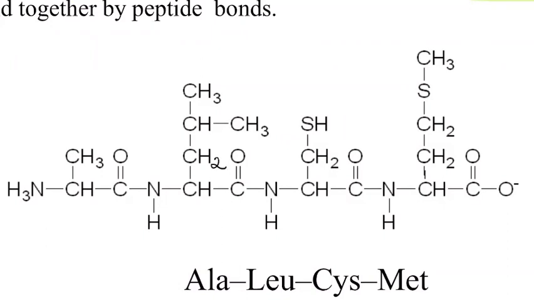So if I'm given a peptide and I know the structure of the side chains and I know the overall structure of a particular peptide, let's understand that we can derive what are the amino acids that are present, and that's what is going to give us the primary structure of a protein. So we have the following structure.